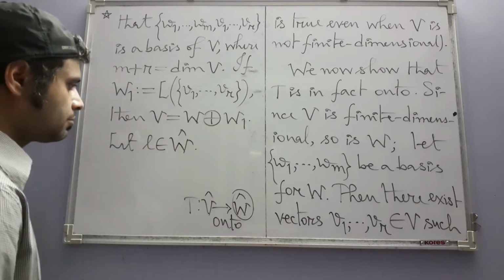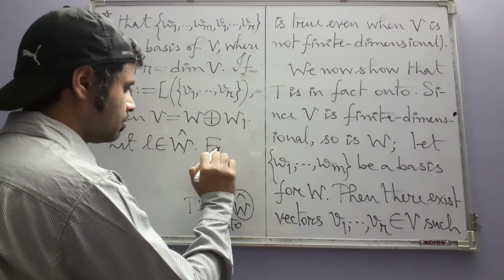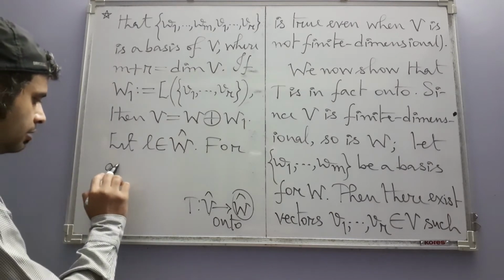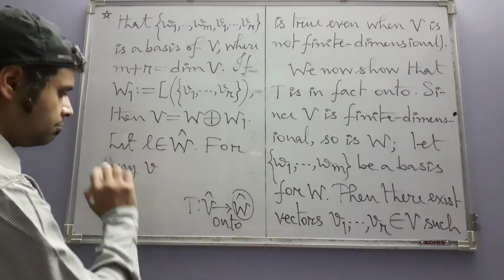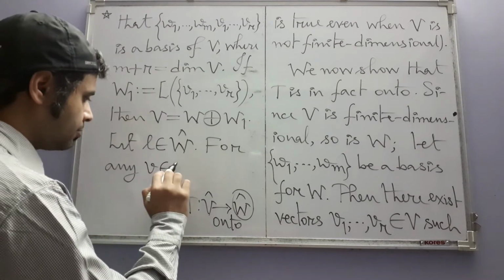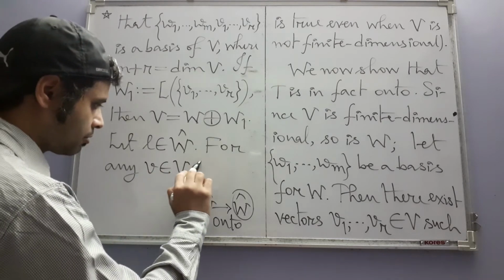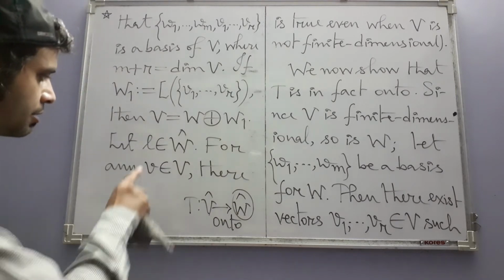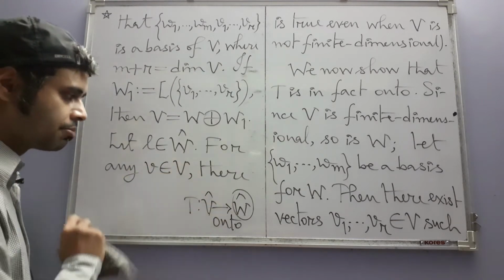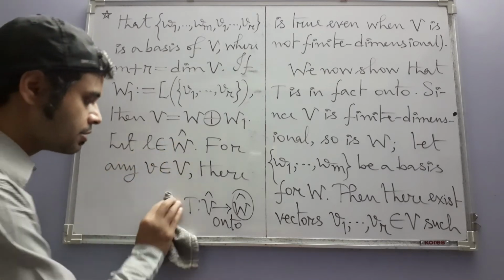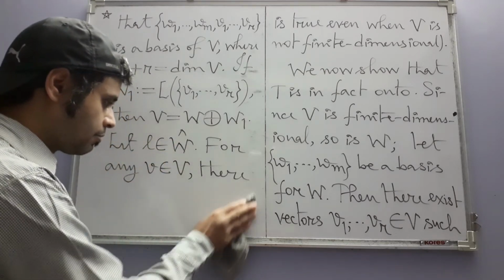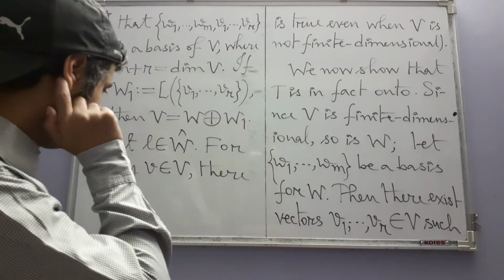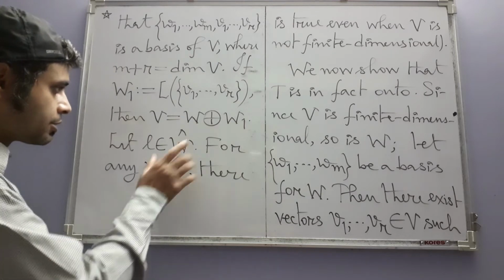Let L be any element in W hat. Okay. Now for any V belonging to V, we have taken L from W hat and we are just keeping it like this for the time being. And we do something else, namely we are going to now see what is the consequence of this.